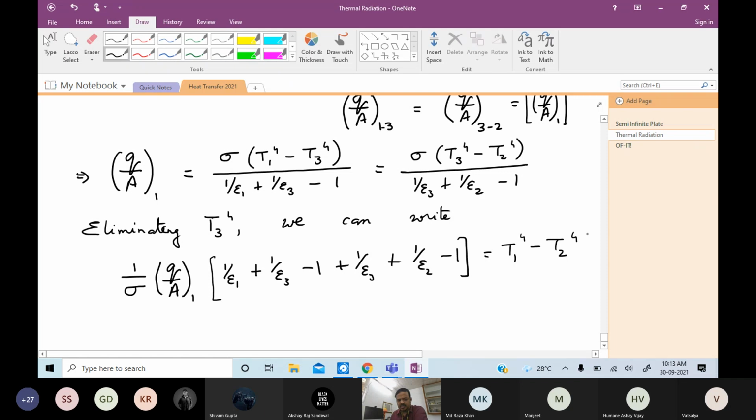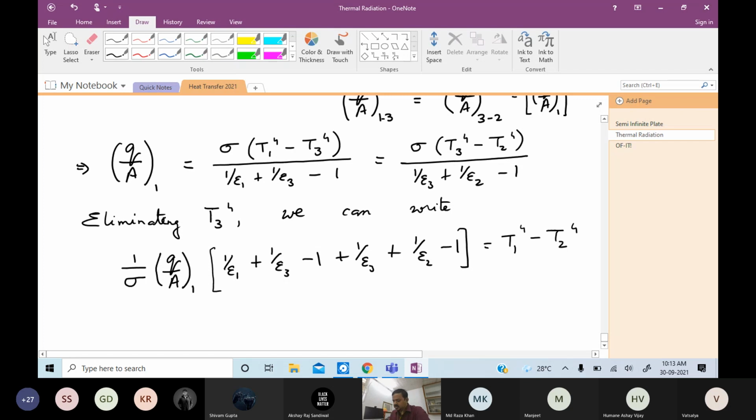So all I've done is I've taken the denominators to the other side, to the left handmost term, and divided by sigma. So look at how beautiful this term turns out to be.